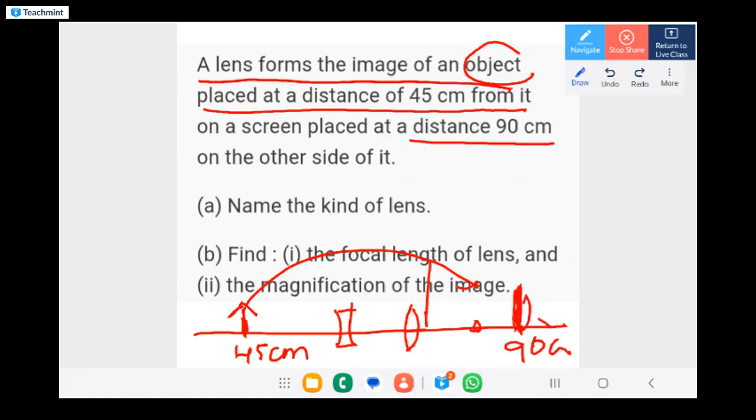So we have two pieces of information. One is the object distance. Always remember, object distance will always be taken negative. In your question, they are not going to state whether positive or negative. They will only give you the values. You have to smartly work here, considering whether you should take the u value or v value as positive or negative.